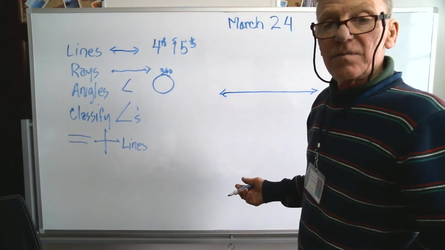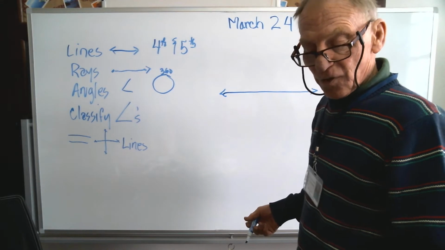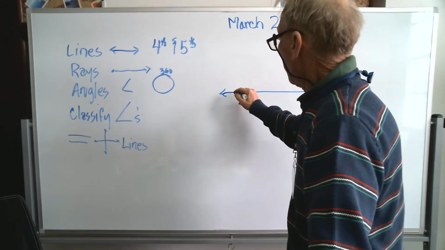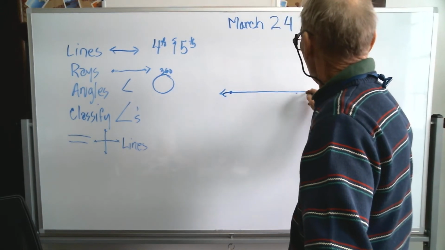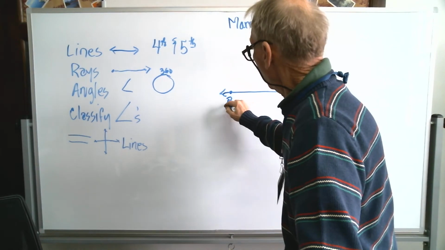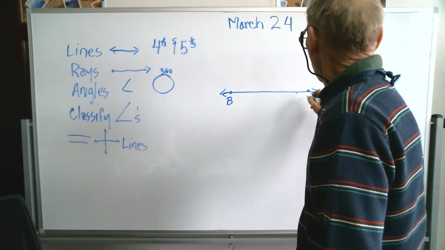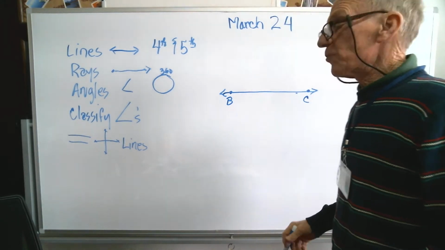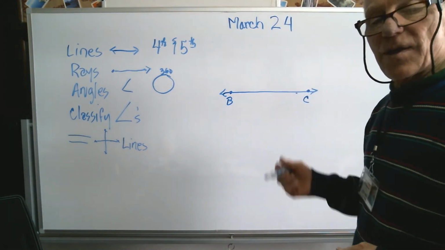It's lesson chapter 10. So this is 10.1. We'll make a couple of notations here to define this line. And we're going to give it a title of B and C. So you have a line. That line is referred to as BC line.